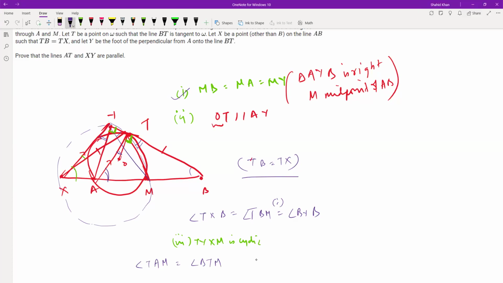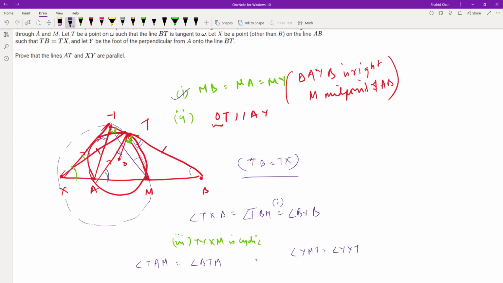After this, as we proved, YTMX is cyclic, so angle YMT and angle YXT are equal. And angle TYM and TXM are also equal.